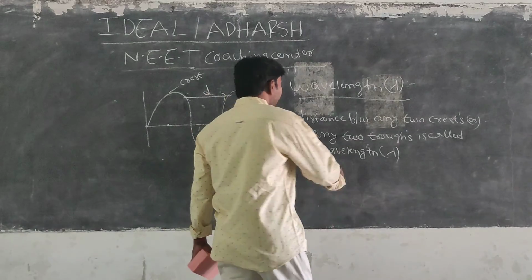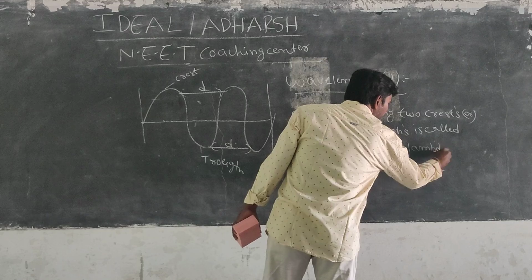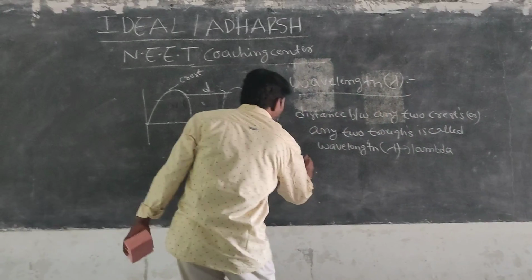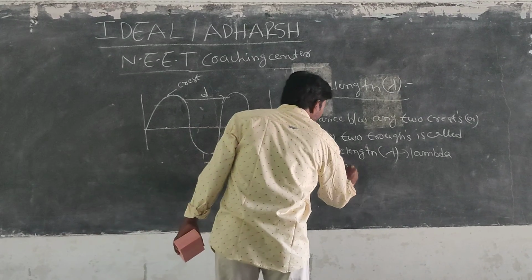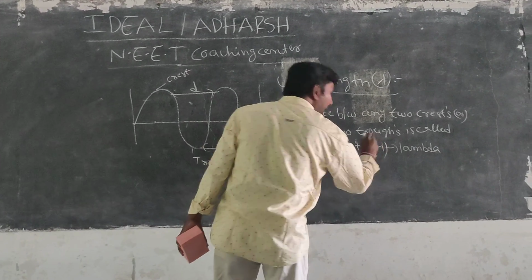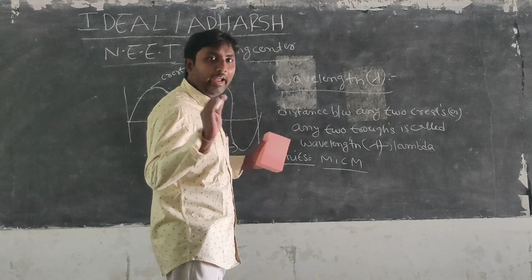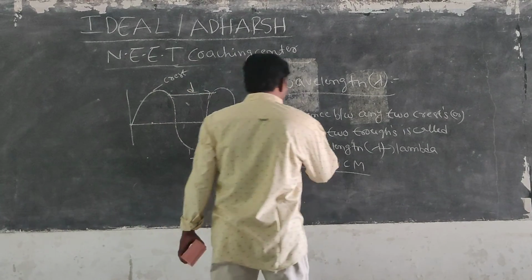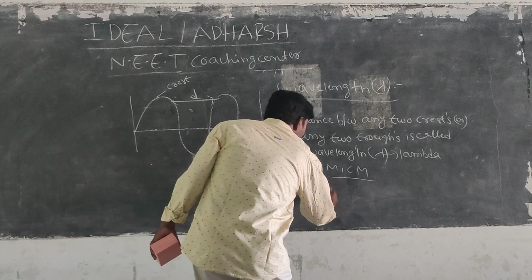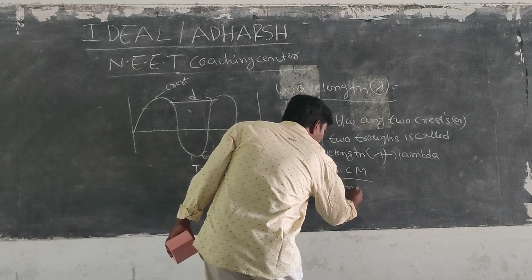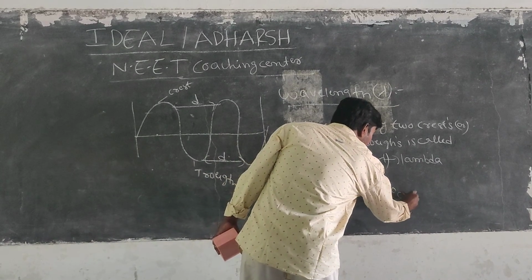This is called lambda. Generally the units of wavelength are meters, centimeters. But generally for light we measure in angstroms. 1 angstrom is equal to 10 power minus 8 centimeter.